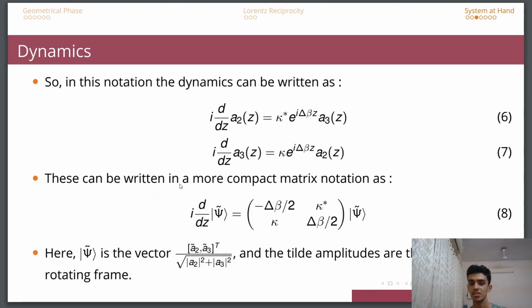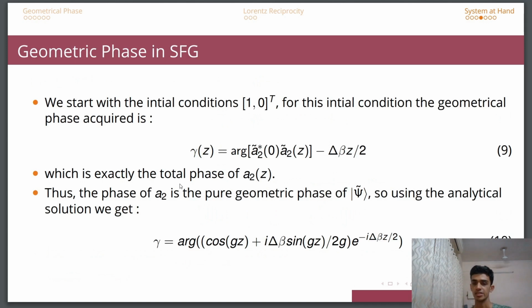So z is playing the role of time in the Schrodinger equation. So we get equation number 9, which is exactly just the total phase of A2. So interestingly, the whole geometrical phase acquired by this two-level system is nothing but the phase of A2.